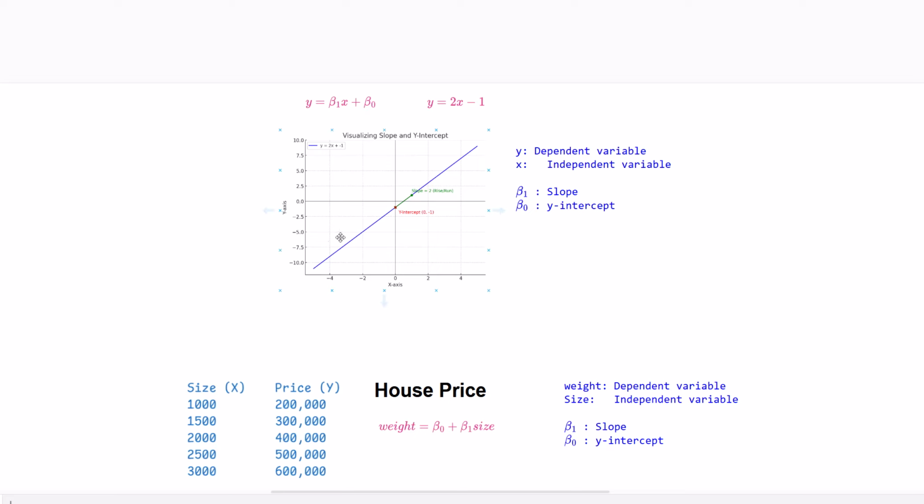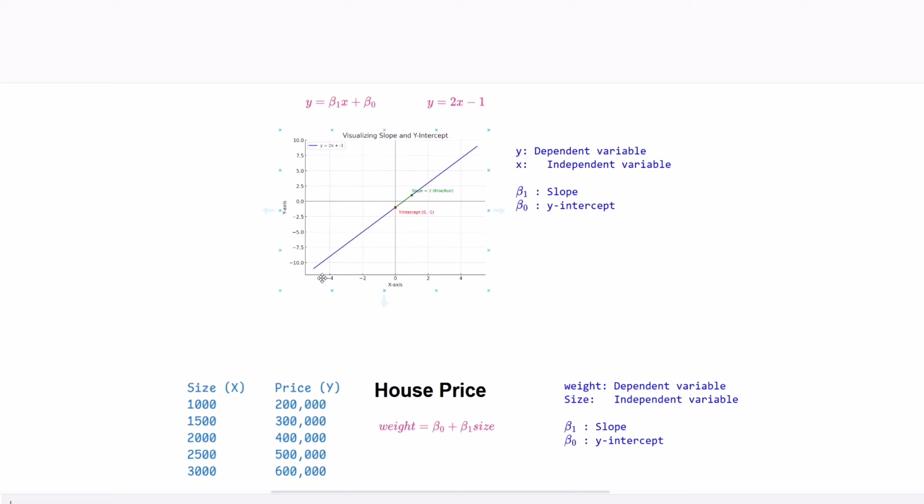Assume that you have 2 points, x and y. We have learned this from school. You have the value of x here, and the value of y here. Now, if you would like to write an equation for this, it's like this: beta x plus beta 0, or for instance, 2x minus 1.